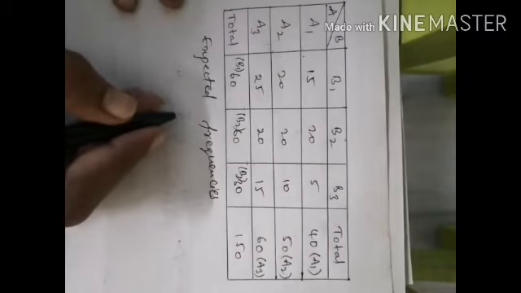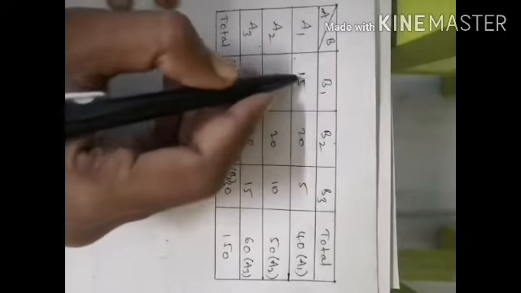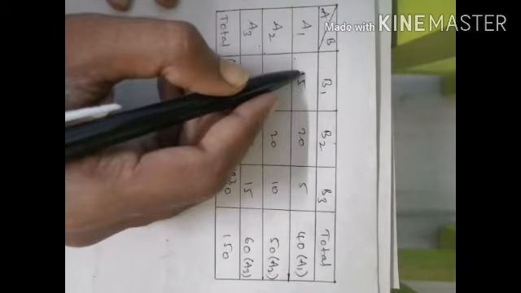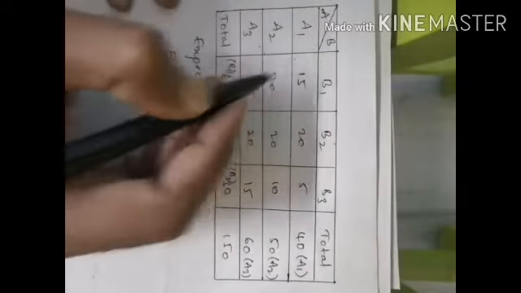Now we need to find the expected frequencies. How to find expected frequencies? Using the formula, first the first cell expected frequency, that is E11, first row first column.